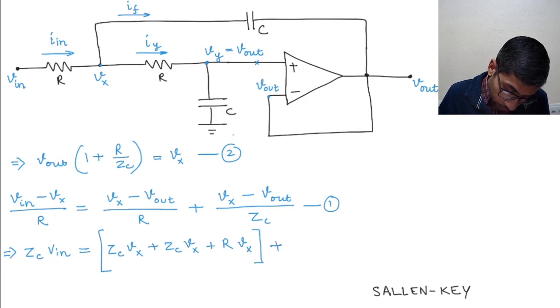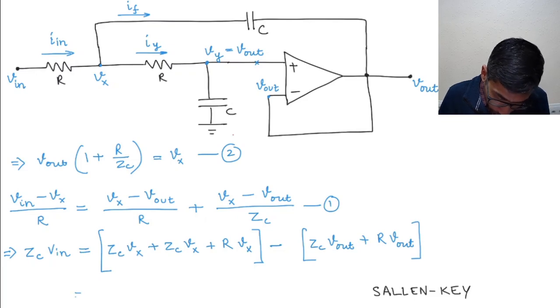Plus, now let's write the V out terms, or maybe it should be minus rather than plus. So minus, and we write Zc V out plus RV out. That's another term.